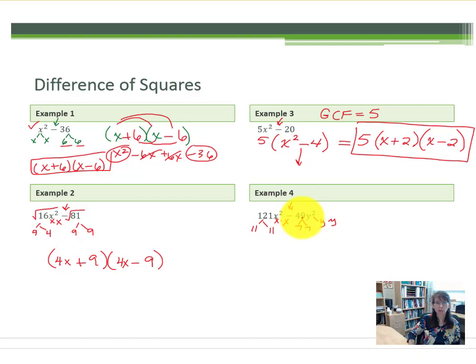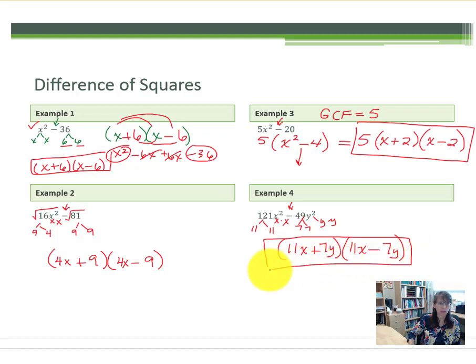What makes this problem a little bit different is we have more than one variable involved. But our factoring technique will remain the same. We're still going to have 121x squared being the product of 11x times 11x. 49y squared is 7y times 7y. And the only way for that first degree middle term to eliminate is to have one quantity positive and one quantity negative. And now we have completely factored.